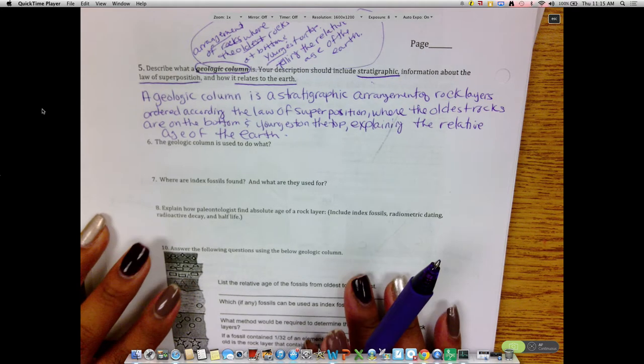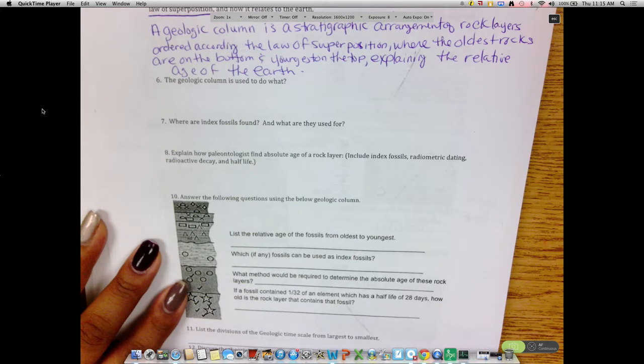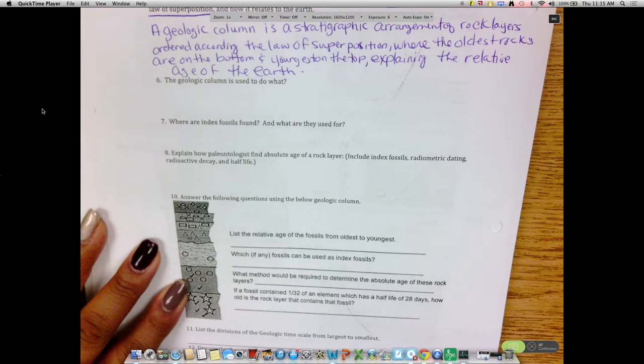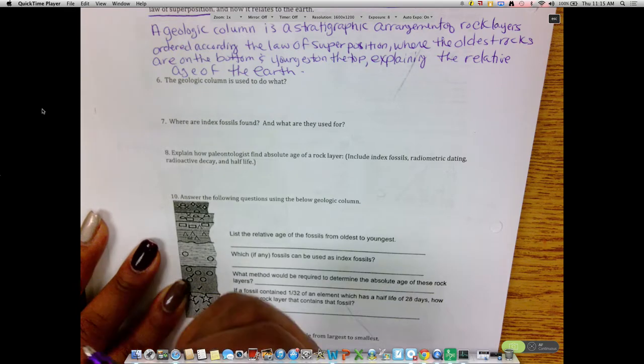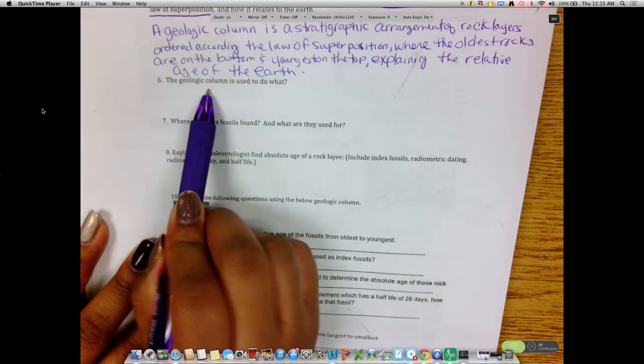Moving on to number 6. The geologic column is used for what? What did we do prior? Number 5. Did we answer this? Yes. We did. So what is the geologic column, Simon? It says the geologic column is used to do what?